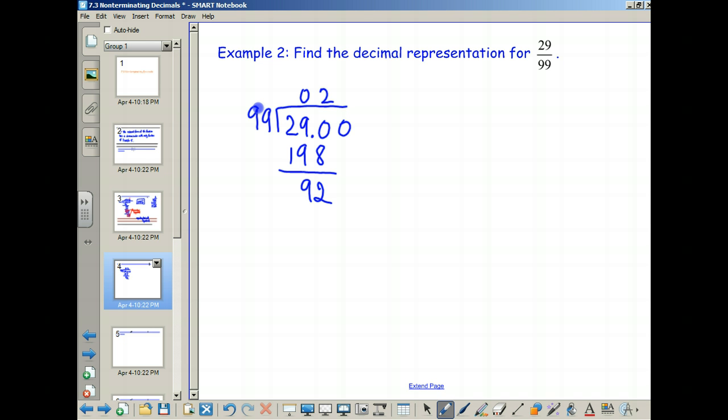Okay, so then I put a 0 on the end of this, and I bring my 0 down. How many times will 99 go into 920? Let's try 9. What is 9 times 99?